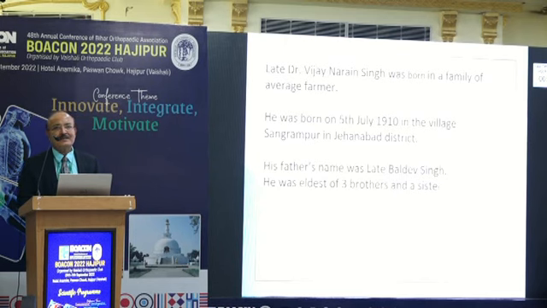So let us have his life history. Late Dr. V.N. Singh was born in a family of an average farmer on 5th of July 1910 in village Sangrampur in Jehanabad district. His father was late Baldev Singh and he was the eldest of 3 brothers and sisters.